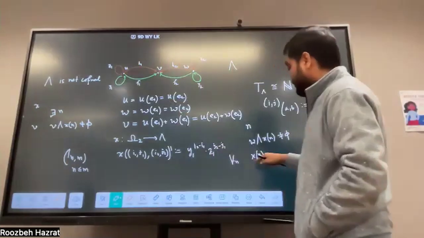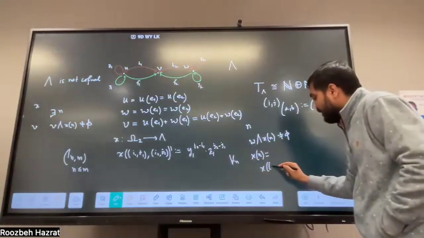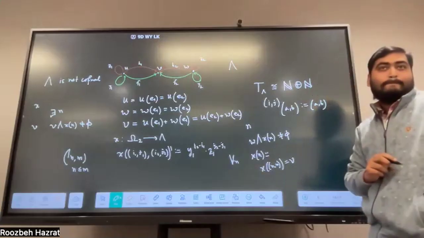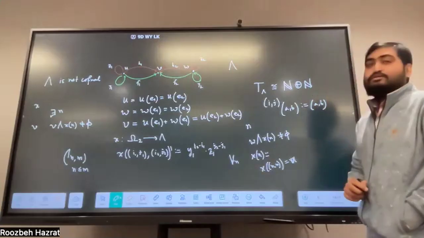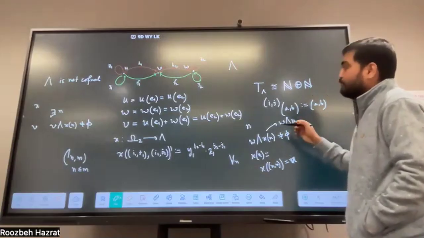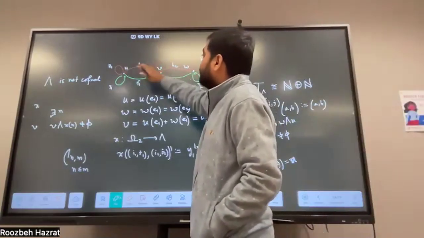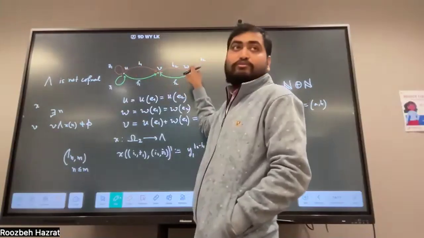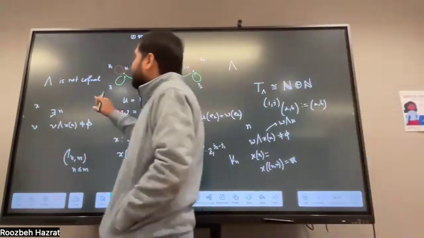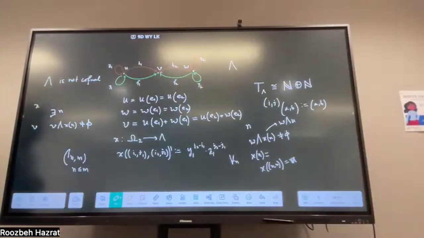So the vertex, this thing, n comma n, this is u. And then this is actually W lambda u, but there is no path starting from this u ending at W, right?